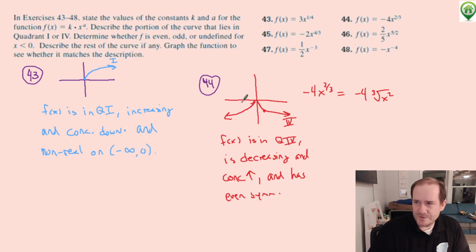So you don't have to describe this other side. If you were going to describe this other side, you would say it's increasing and concave up. But if you just describe the portion that lives in quadrant 4, which is literally what it says to do, and then tell me that we have even symmetry, then I already know what the other side looks like, because I know what even symmetry means. So you just have to describe the right-hand side, and then state what kind of symmetry we have.